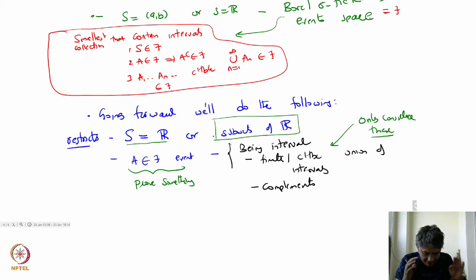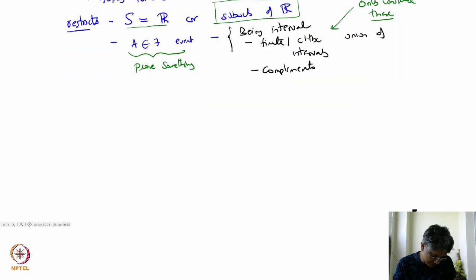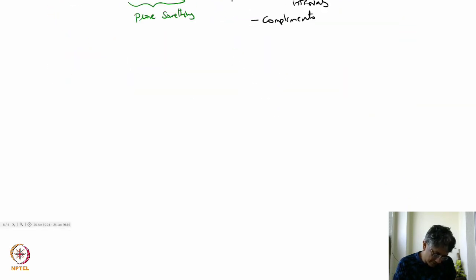I will define probabilities on R, and the way I define my probability, it will automatically give you appropriate experiments coming from subsets of R.